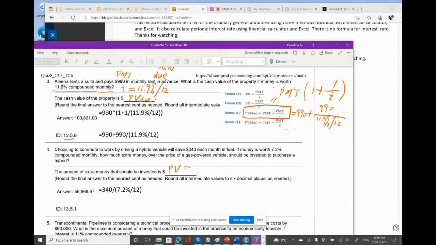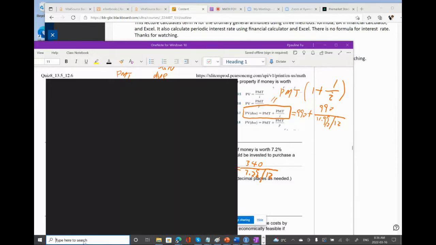Okay, the formula you are going to use is PMT over I, this is perpetuity. PMT is 340. I is 7.2%. Compounded monthly, so you have to divide it by 12. Okay, and you will get the result.